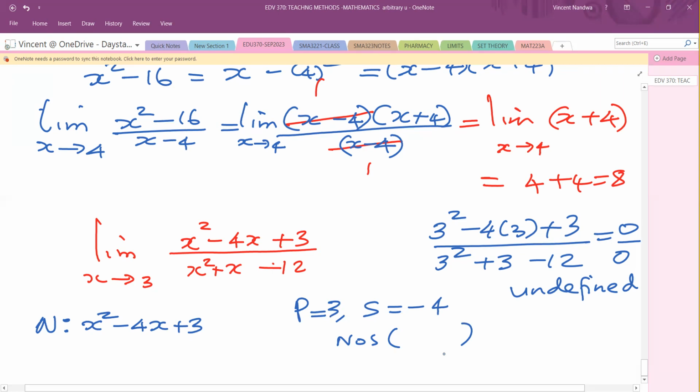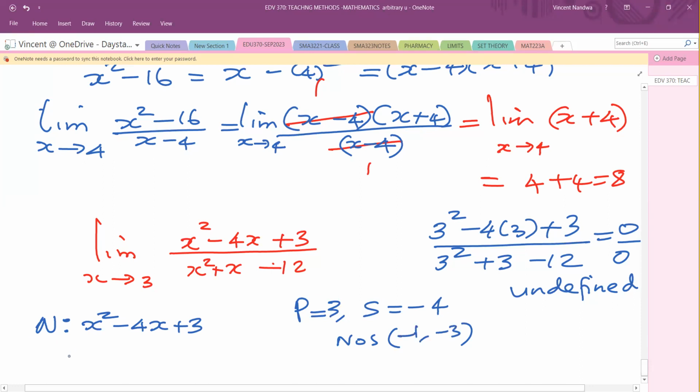Ya kwanza ndio product 3. -3 and correct, -1 and -3.